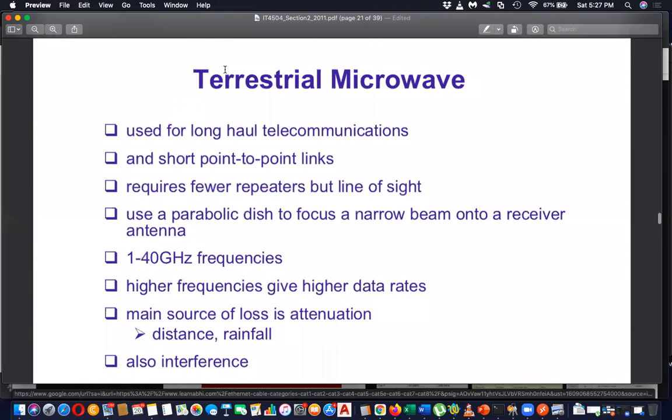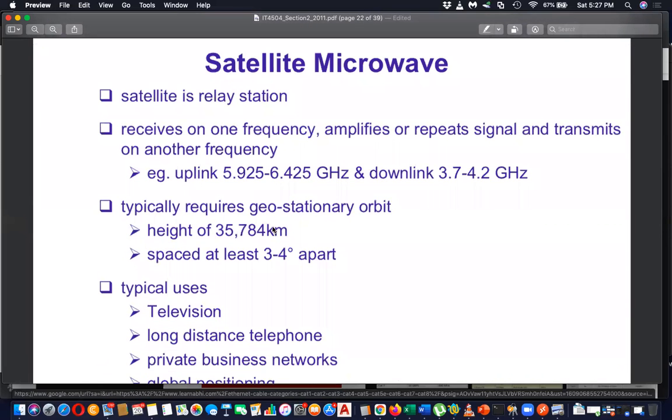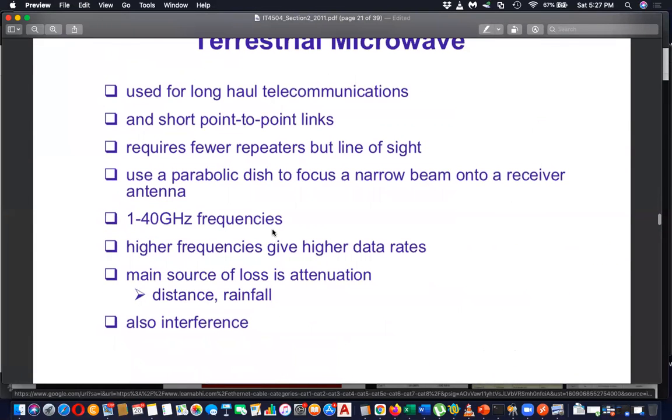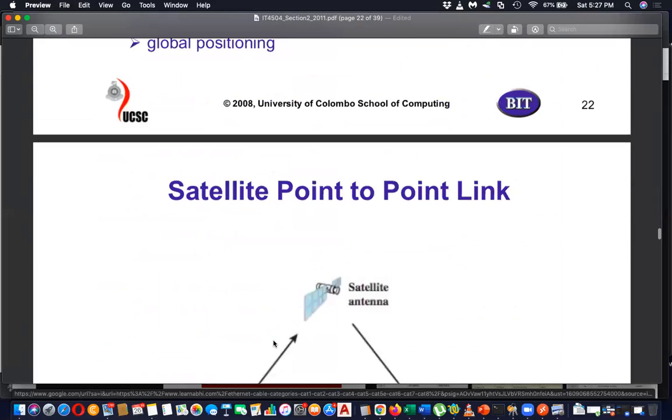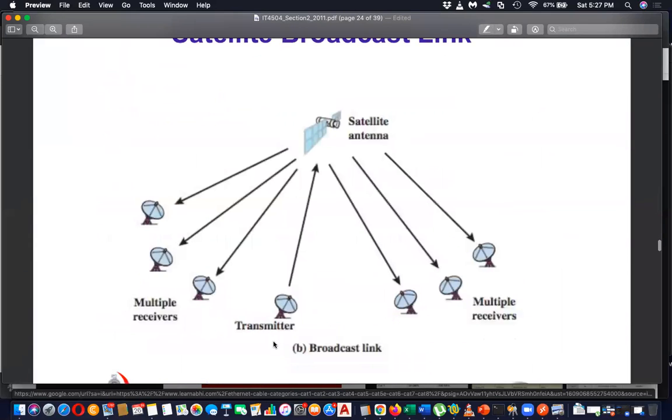So one is terrestrial. The second one is satellite. Terrestrial one basically, so let me explain this first. Terrestrial means it's used in Earth surface. So, you know, Earth surface is also divided to some other spheres like ionosphere.